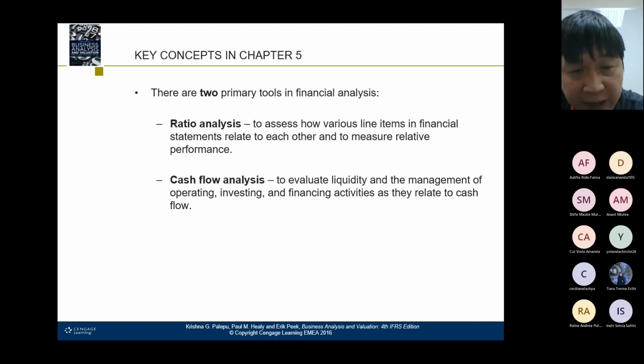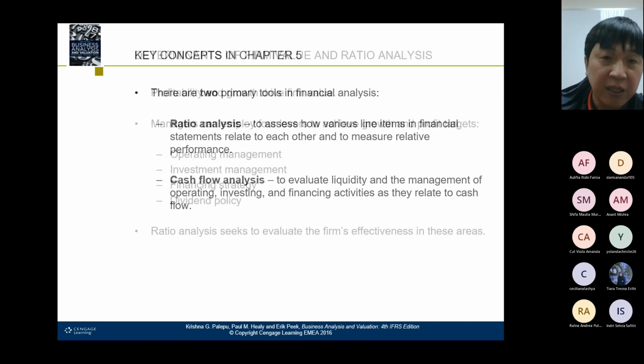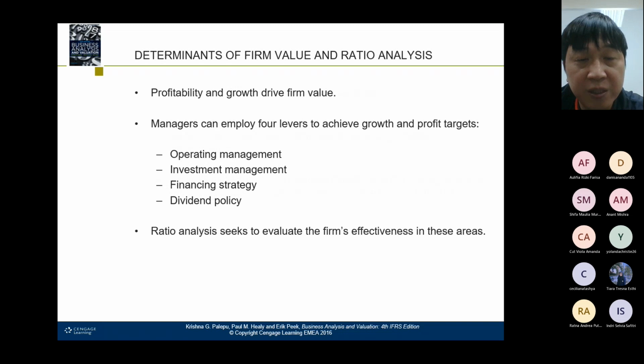The next one is cash flow analysis, which is to evaluate liquidity and the management of operating, investing, and financing activities as they relate to cash flow. Here we get to know the determinants of firm value.